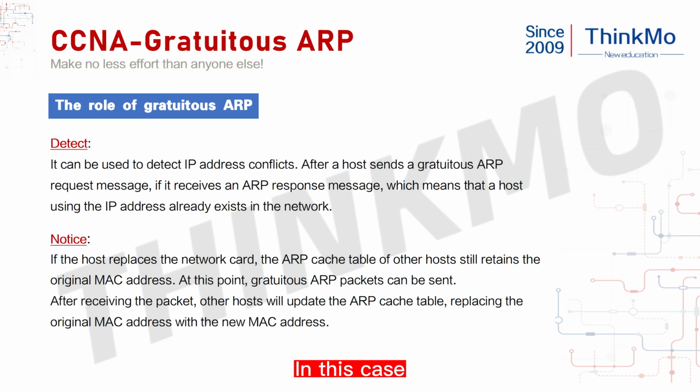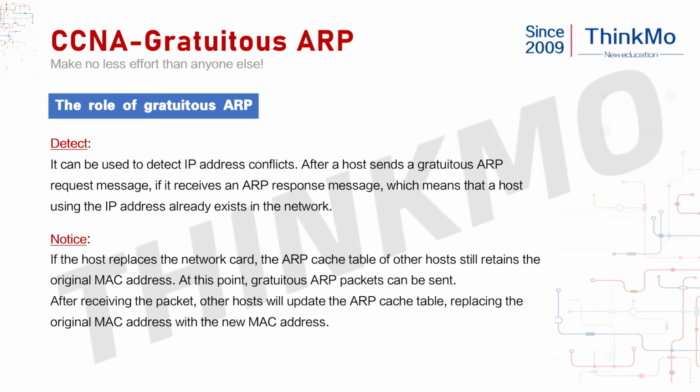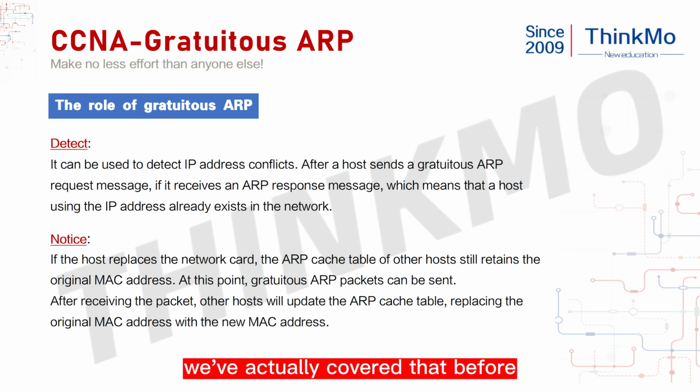In this case, when the ARP is sent and the other host receives it, it sees that it is its own address, so it gives a reply. This will detect an address conflict. The second aspect is that it's used to announce a new MAC. We've actually covered that before.